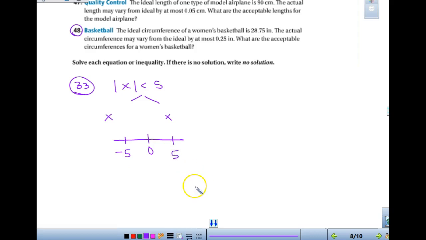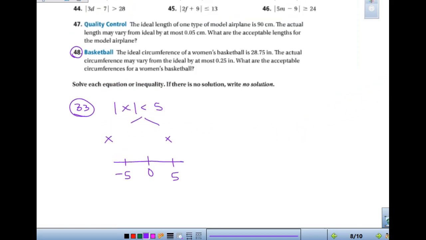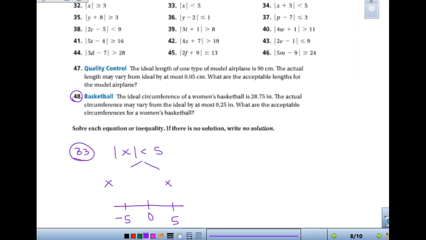If I was doing the first split, Taylor, what would I write for my first equation if I'm doing opposite? I would have x is greater than -5. This is going to be an and, right?